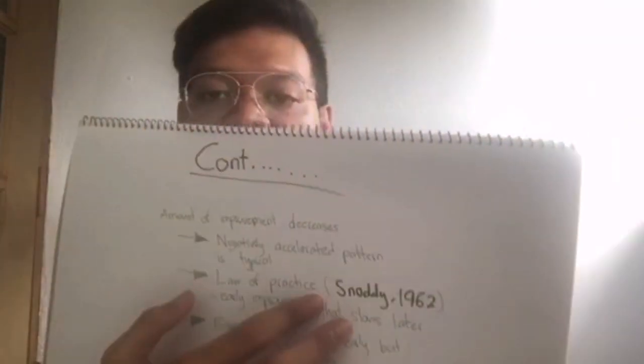The second is the law of practice by Snoddy, 1962: early improvement that slows later. It explains that the improvement is large early but later becomes slow.